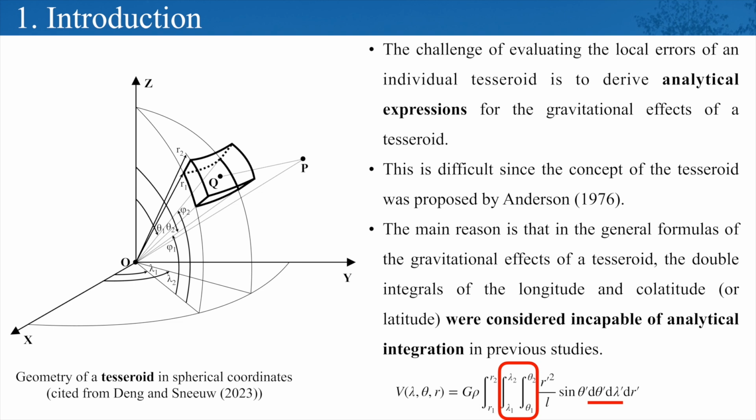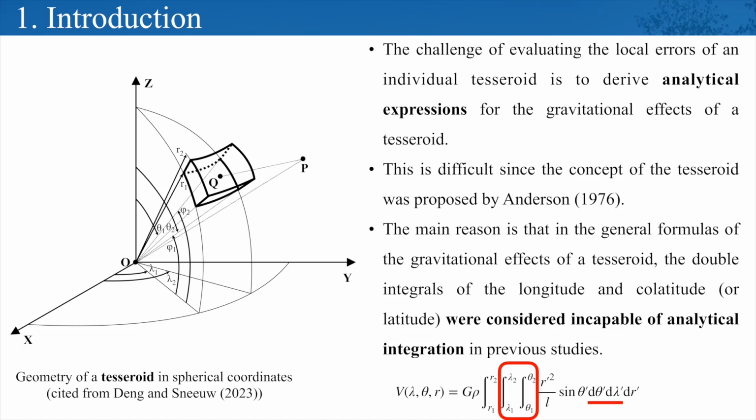The challenge of evaluating the local errors of an individual tesseroid is to derive analytical expressions for the gravitational effects of a tesseroid. This is difficult since the concept of the tesseroid was proposed in Anderson 1976.